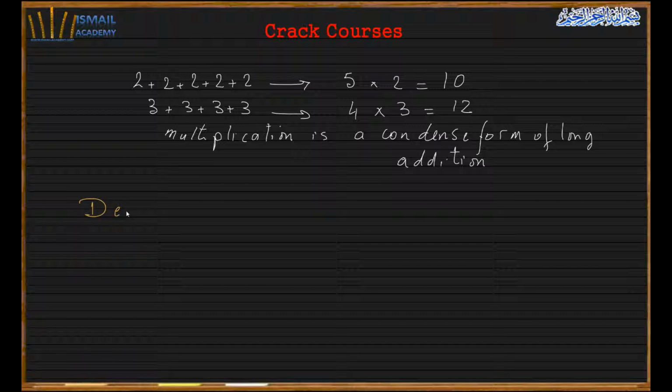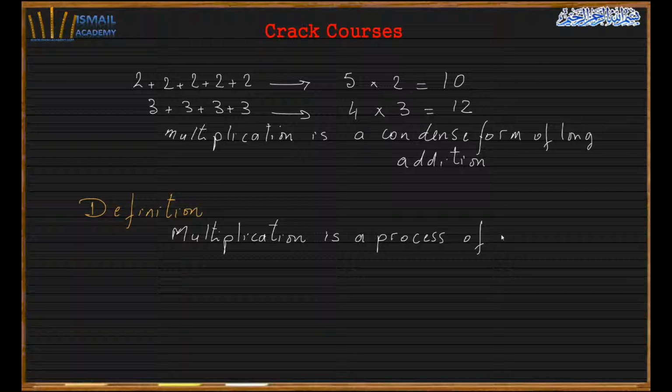So we're going to give a definition of multiplication. Multiplication, in fact, is a process of finding a quantity called product by taking a countable sum of identical addends. It's exactly what multiplication is. So multiplication is a process of finding a quantity.